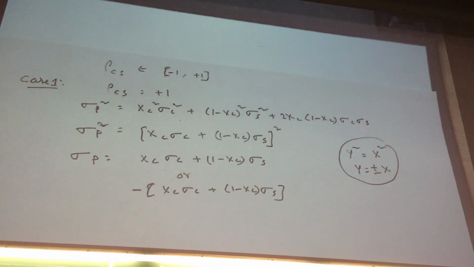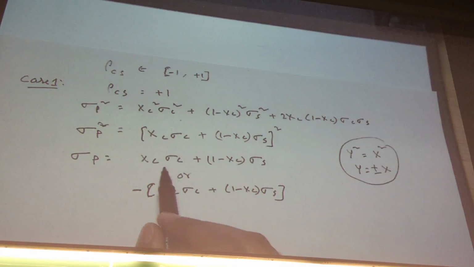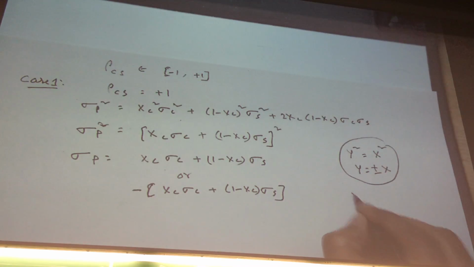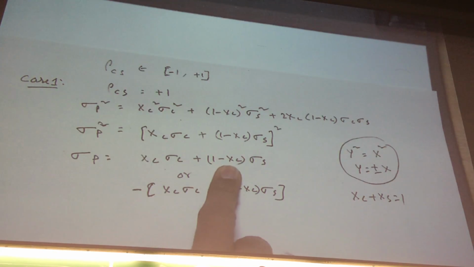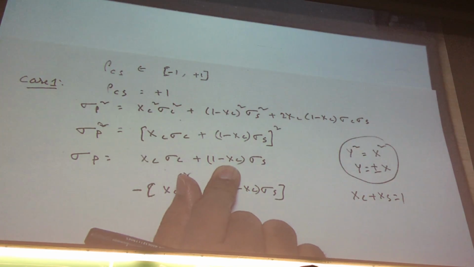Mathematically that is fine, but there is an issue here. In reality, standard deviation, have you ever seen negative standard deviation? No, because first we calculate variance and after that we find the square root. Since we have the following assumption, xc plus xs equals to 1, 1 minus xc is always positive.